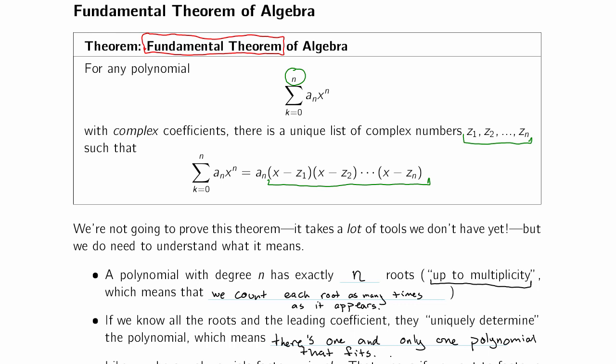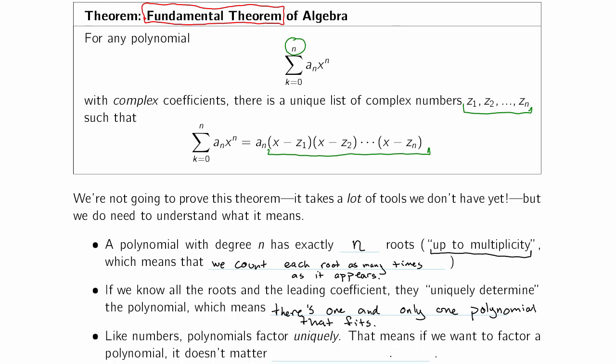The last thing this tells us, and this is again something that we've been assuming for a long time, is that if we have a polynomial, it factors uniquely, just like numbers. So with numbers, if we want to factor 30, we could start with 5 times 6 or 3 times 10.